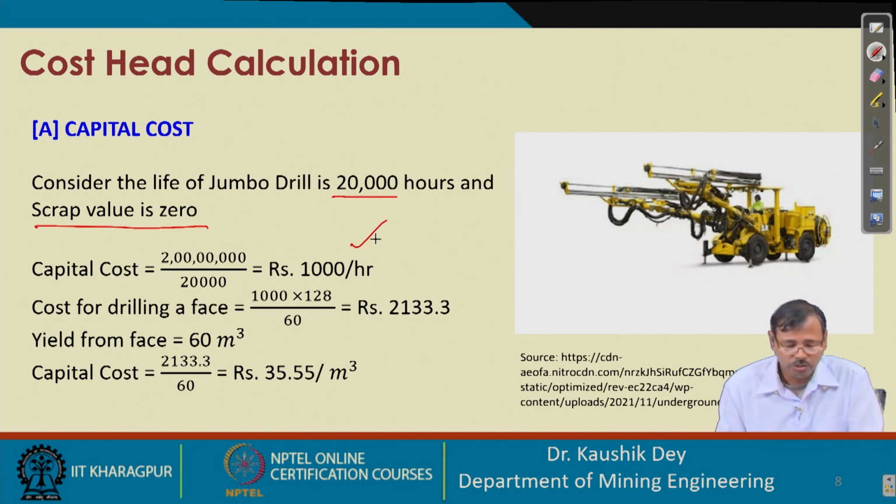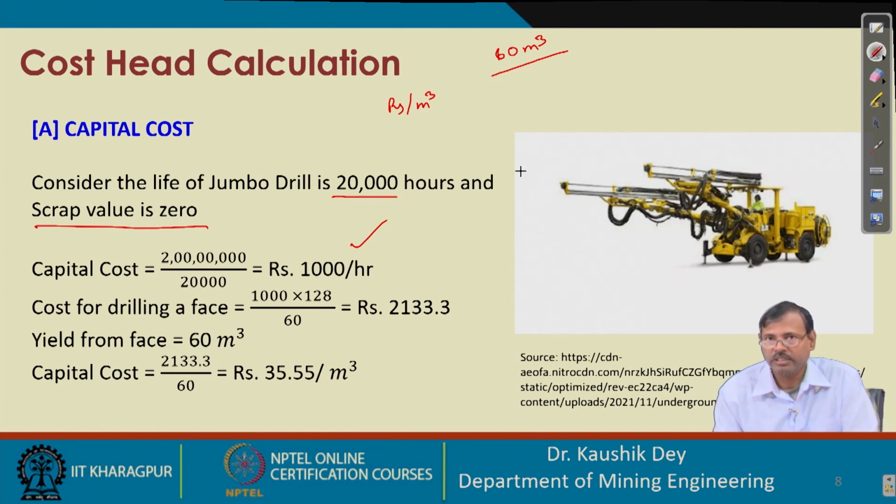Okay. So, cost of drilling phase, we are expressing it in terms of rupees per meter cube. Say our yield is 60 meter cube, and for getting this 60 meter cube yield, our drill machine engagement is of 128 minute.